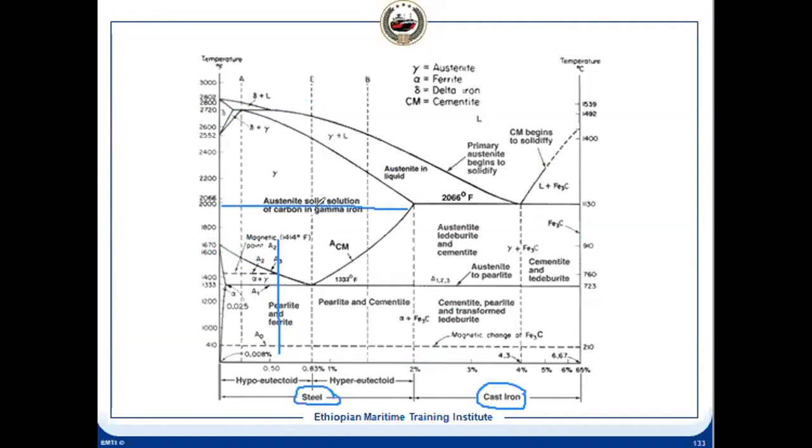From here we increase the temperature. Once this line is crossed, it will transform into austenite, which is a single phase. And this will be more than one phase. Here it is pearlite and ferrite, two phases, pearlite and cementite, two phases.